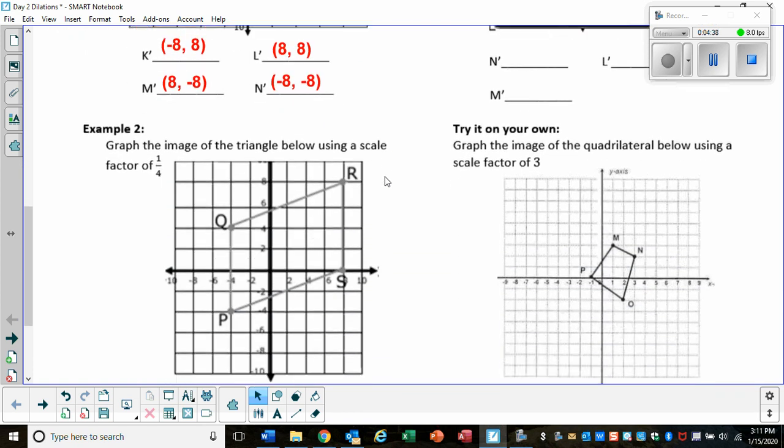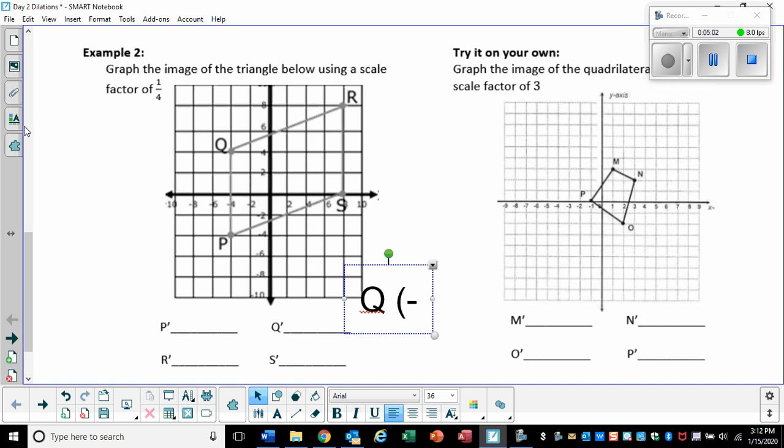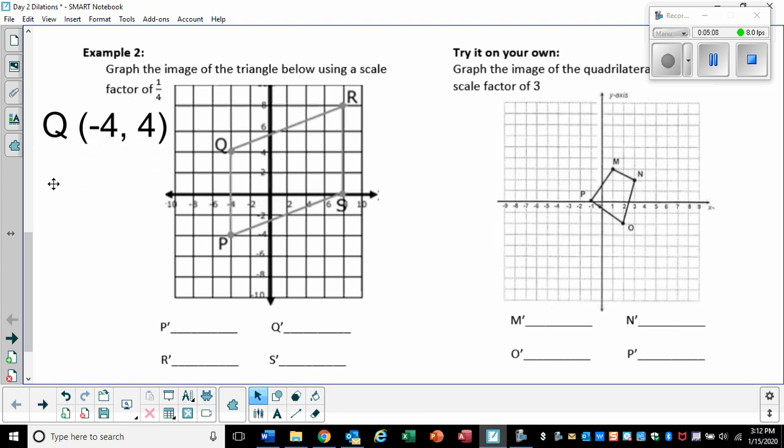For example 2, we're going to graph the image of this polygon, not a triangle, using a scale factor of 1/4. Again, we write down our ordered pairs first. Q is at -4, 4.